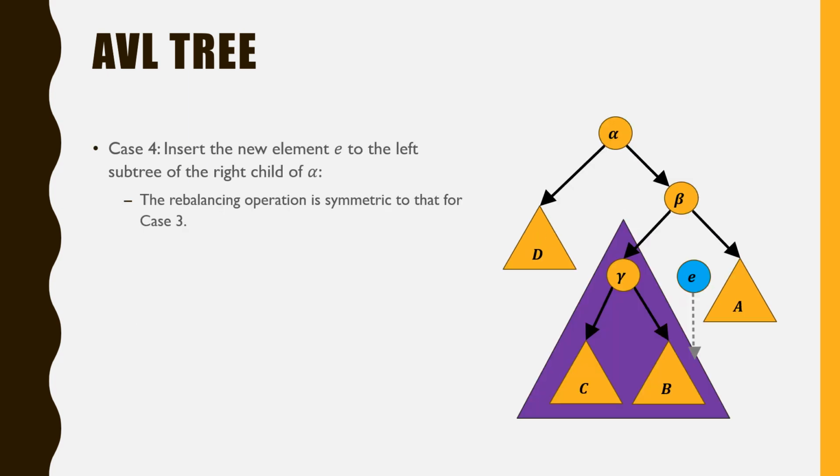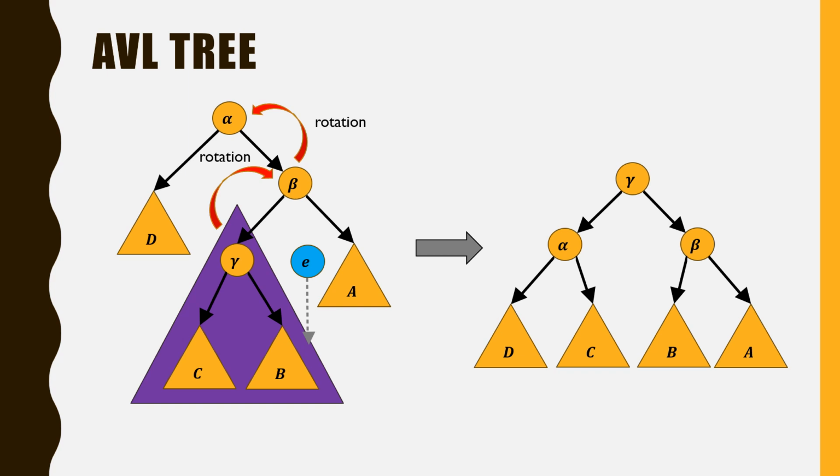Lastly, let's discuss case 4, where we insert a new element E into the left subtree of the right child of alpha. Recall that this case is symmetric to case 3. In this case, we rebalance the tree using double rotation in the opposite direction compared to case 3.